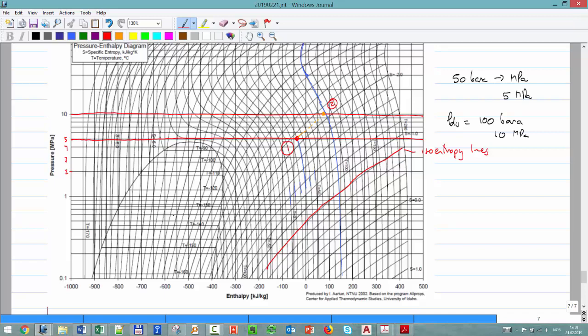What temperature do I get at that point? Around 70, this is 100, I think, right? And this is 90. So it will be maybe 98, something like that. I have to go from 50 bar to 100 bar, and I move isentropically. That's the most efficient way to do it.